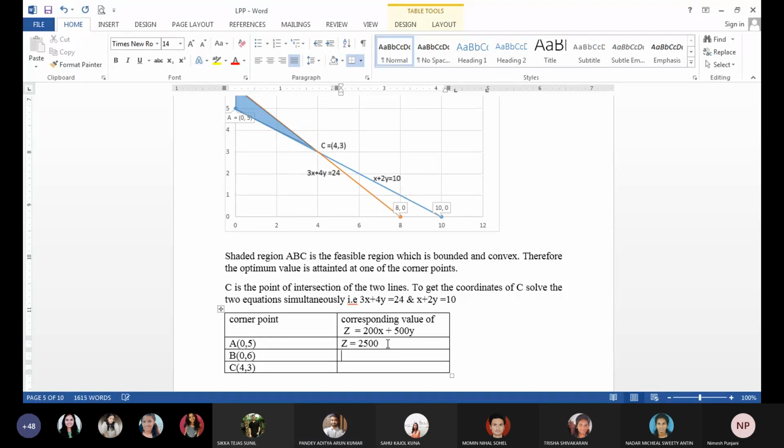Very good. What will be your z at B? 0,6. So 3,000.